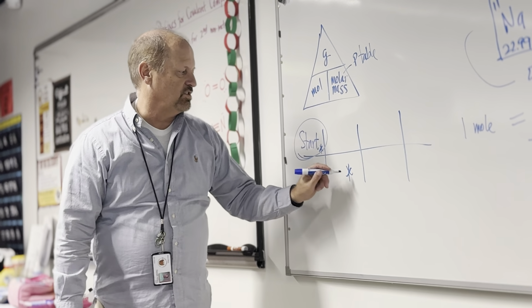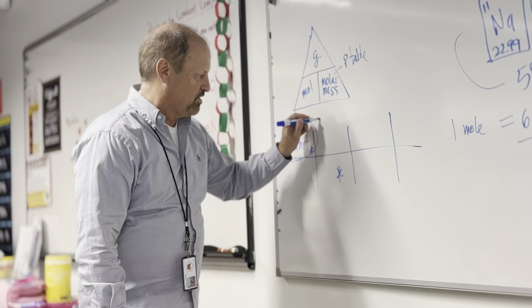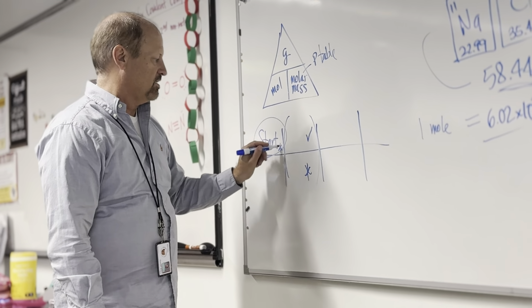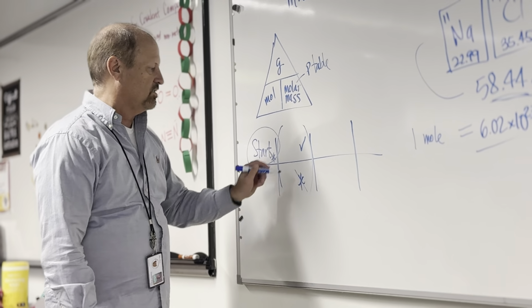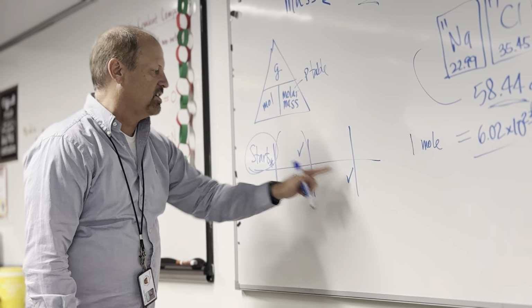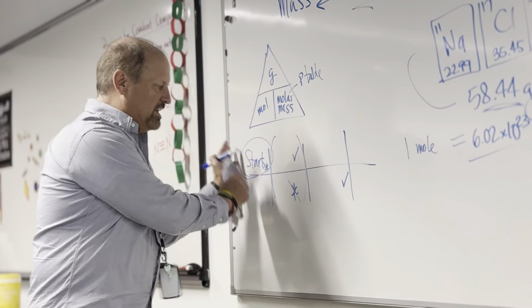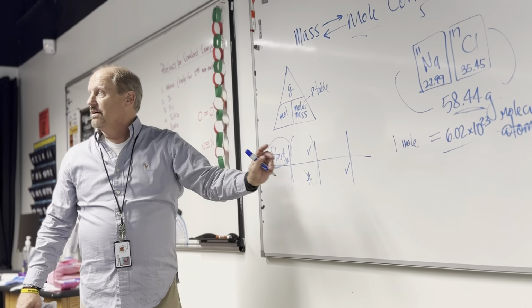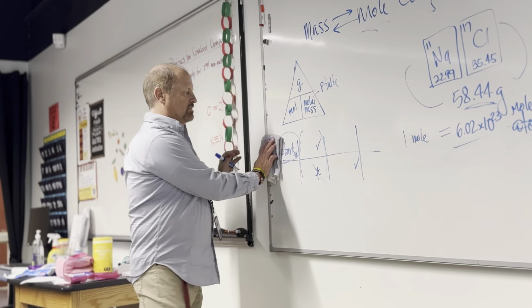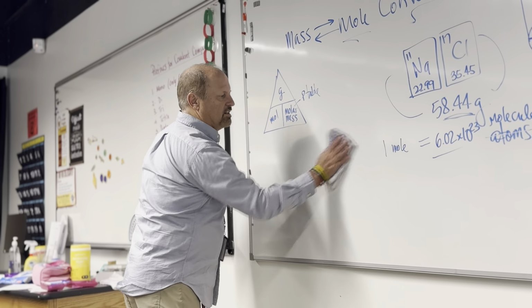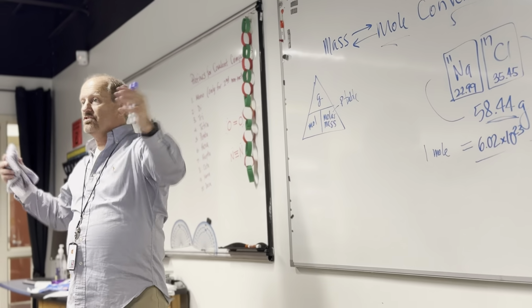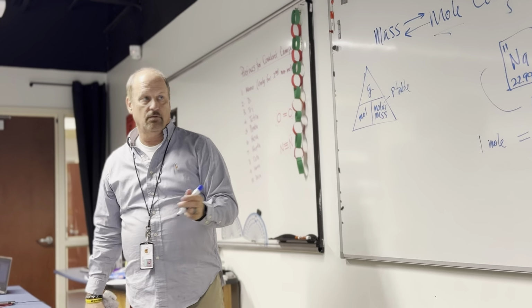Then whatever the units for the conversion, let's say the unit here is a check mark and this is an asterisk, the asterisk was canceled, then I got a check mark, so I put a check mark here. That's what you do all the way down the table. We will get back to this. For right now, I just want you to do the shortcut. That's what my high school chemistry teacher taught me, the shortcut and the extended version, so I'm going to do the same for you.